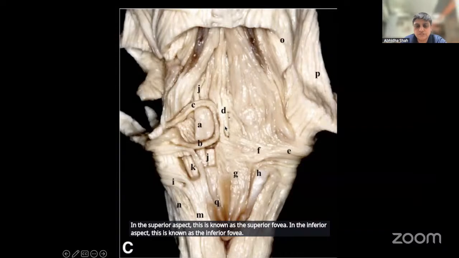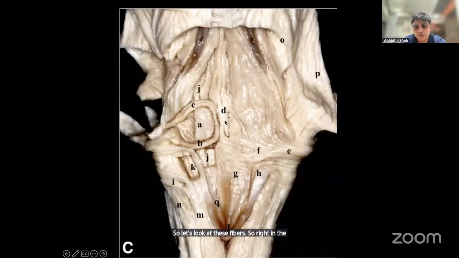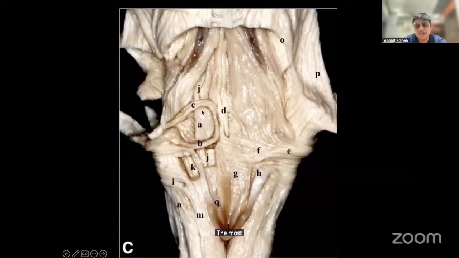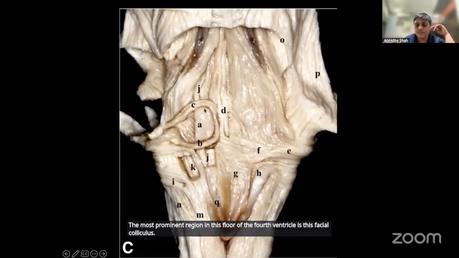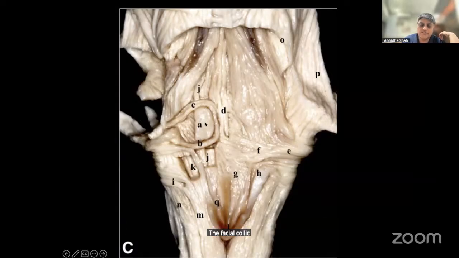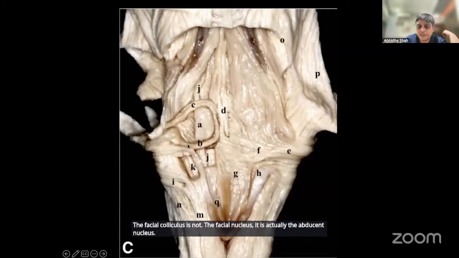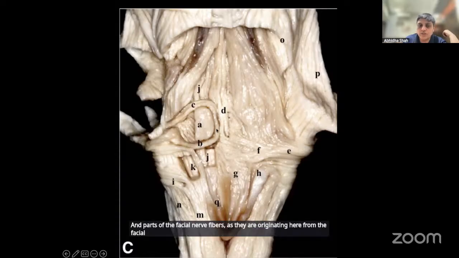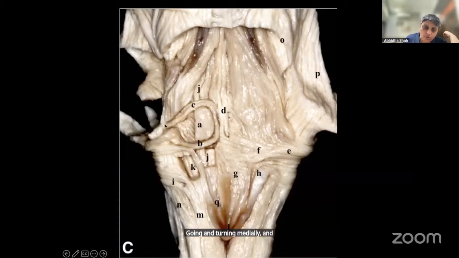So let's look at these fibers. Right in the midline, you will have the MLF, or the medial longitudinal fasciculus. Just lateral to it, you will have the central tegmental tract. The most prominent region in the floor of the fourth ventricle is the facial colliculus. The facial colliculus is not the facial nucleus. It is actually the abducent nucleus, and parts of the facial nerve fibers as they originate from the facial nucleus, turn medially and then come out to exit from the pontomesencephalic junction.